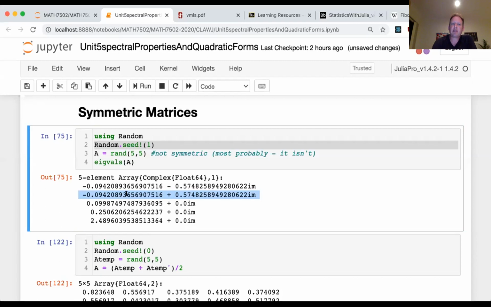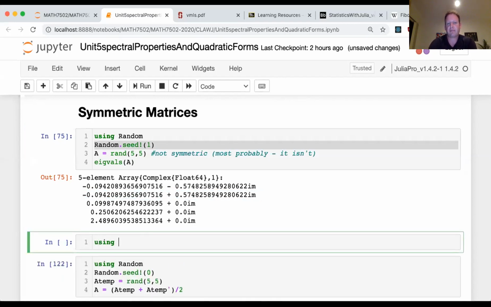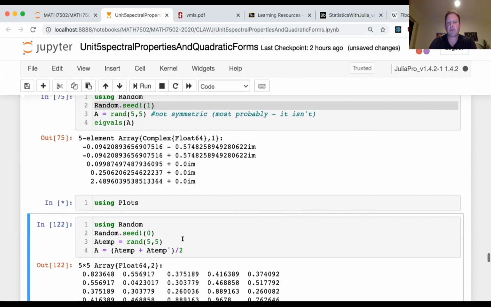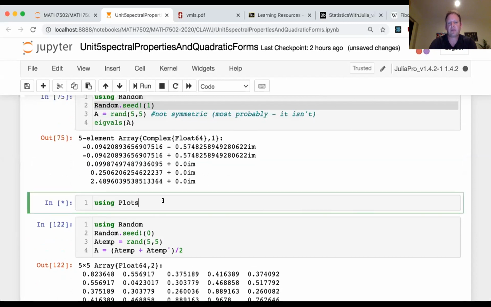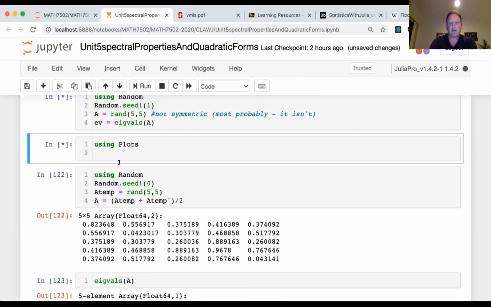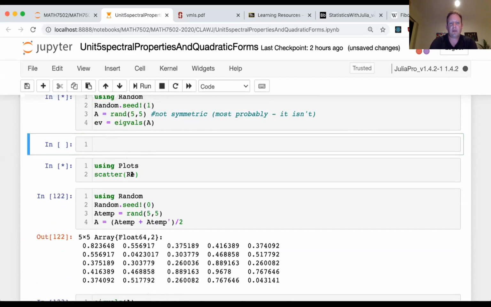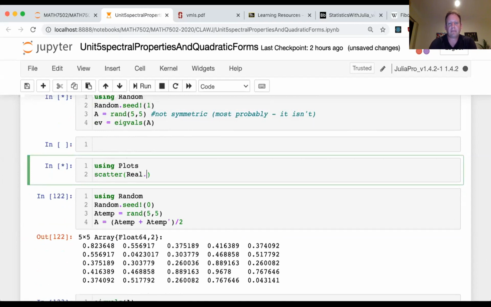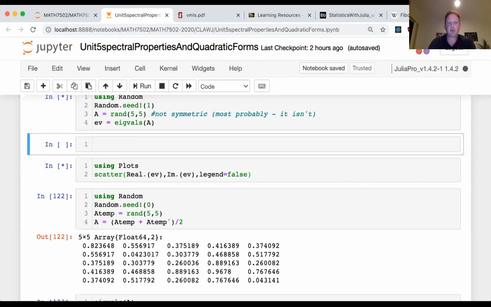By the way, people sometimes plot the eigenvalues on the plane, just so you see this. It's kind of important. Okay, let's let this warm up a bit and you'll see it.